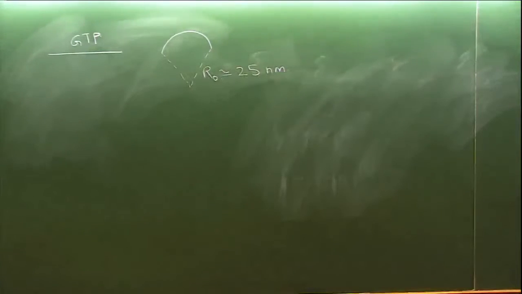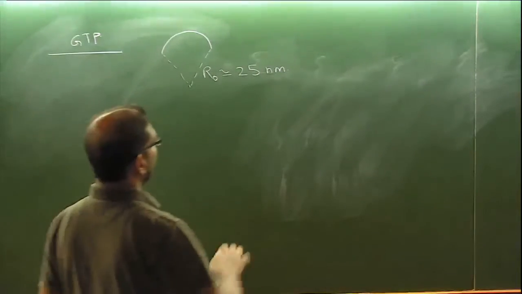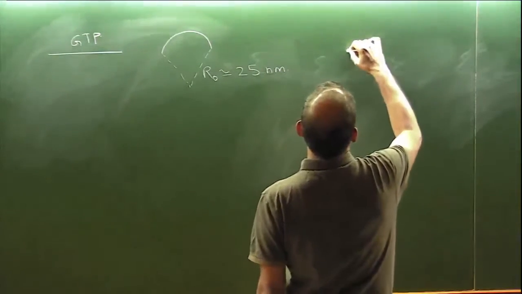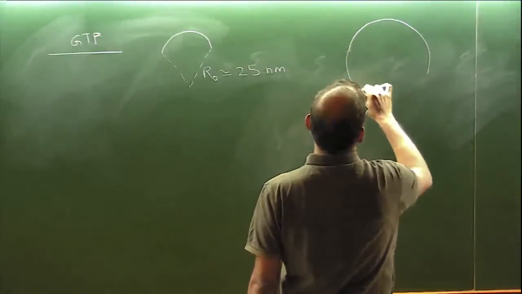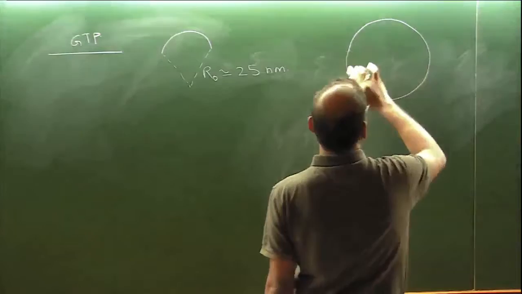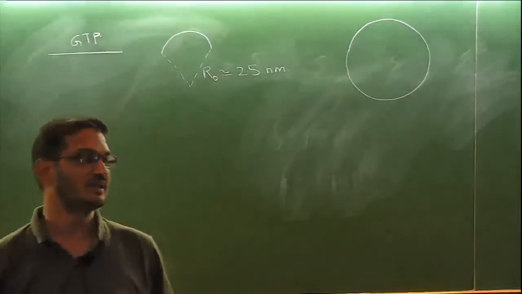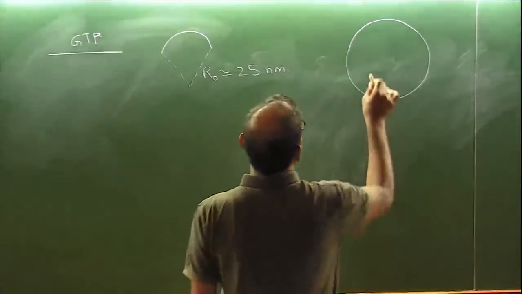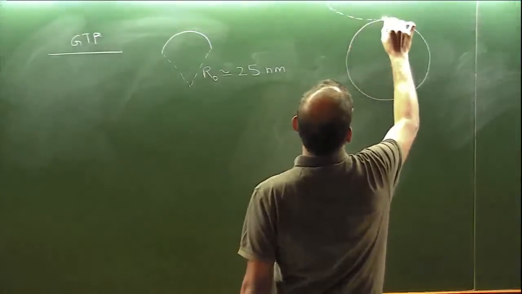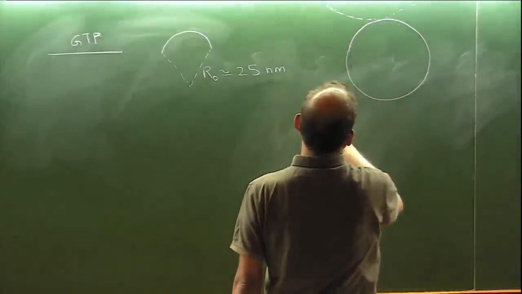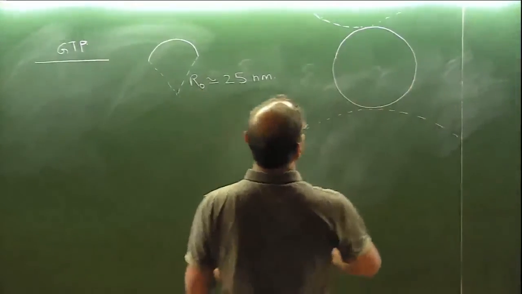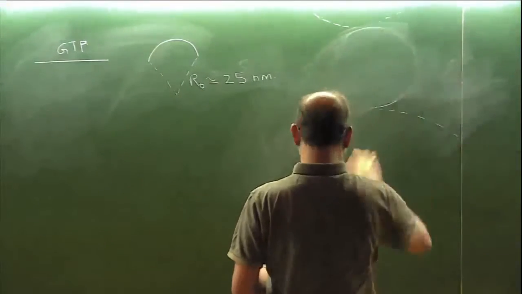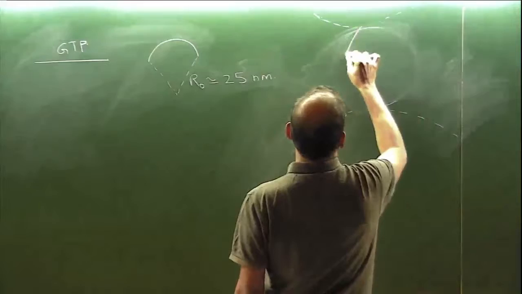Let us say we have some sort of a ring-like structure. Let us not worry too much about how this was assembled in the first place. This need not be a continuous ring, but for the time being, let us imagine that it is something like that, that has formed at the junction of the two future daughter cells. Maybe the geometry doesn't look right. Yeah, so this is the ring.